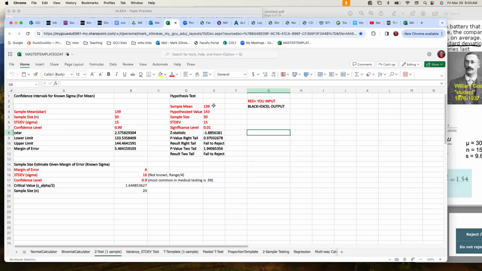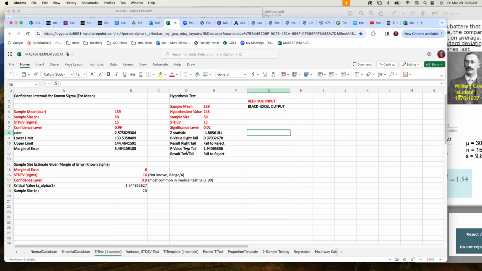So if I go into that and I put the 139 in here and the 143 for my hypothesized value, 50, 15, just like I did, and now the significance level was 0.01. This is where there's somewhat of a rub here because it's not reporting a left tail.